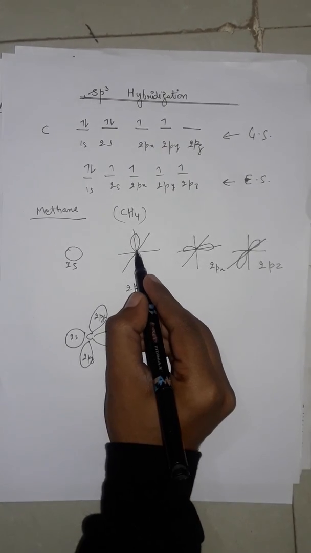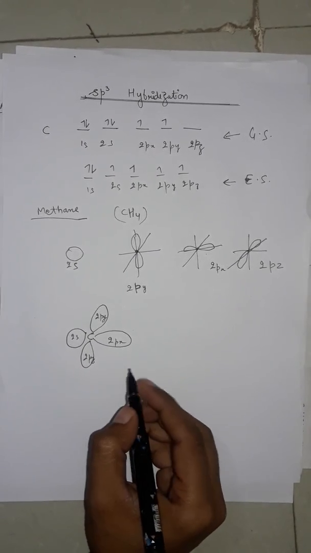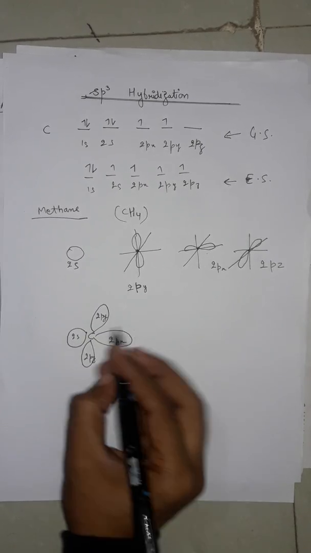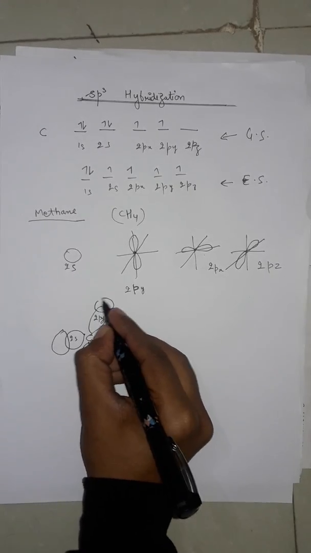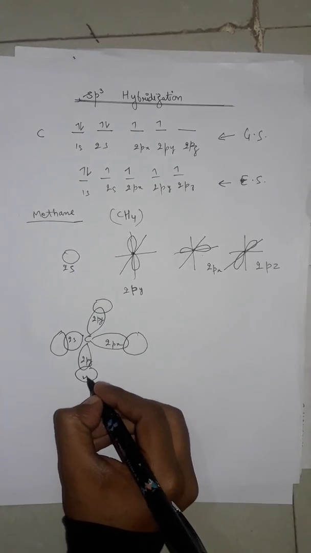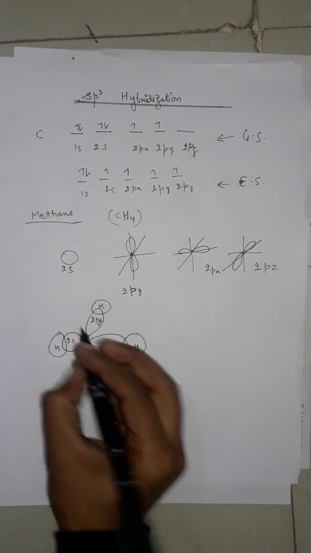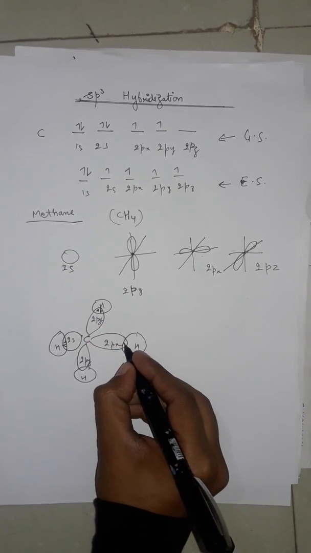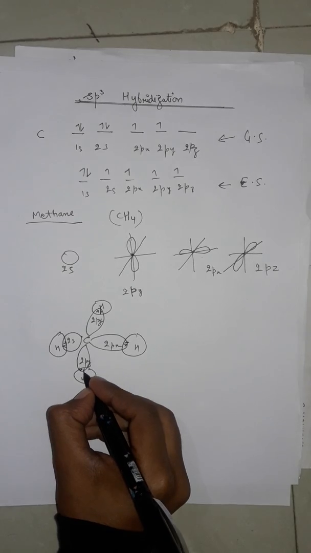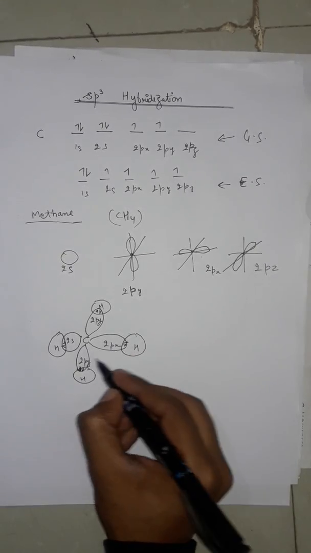I am showing one side only, that side that is making bond with hydrogen. So hydrogen will make bond here, here, here, and here. This is hydrogen, hydrogen, hydrogen, hydrogen. You can clearly see that there are 2 electrons finally in each, of opposite spin. So this is the structure of methane.